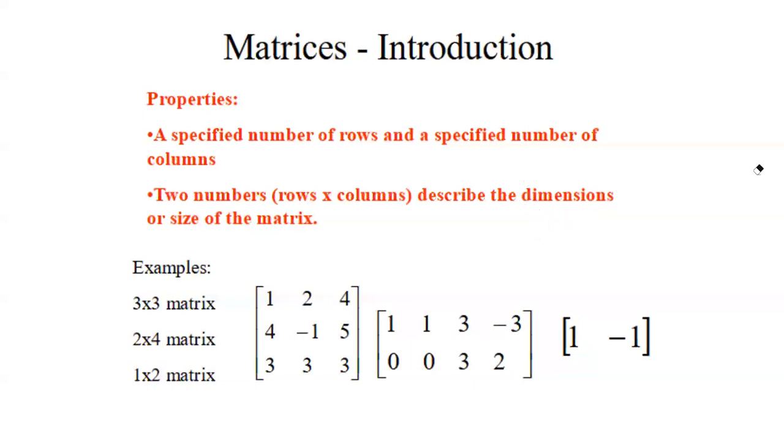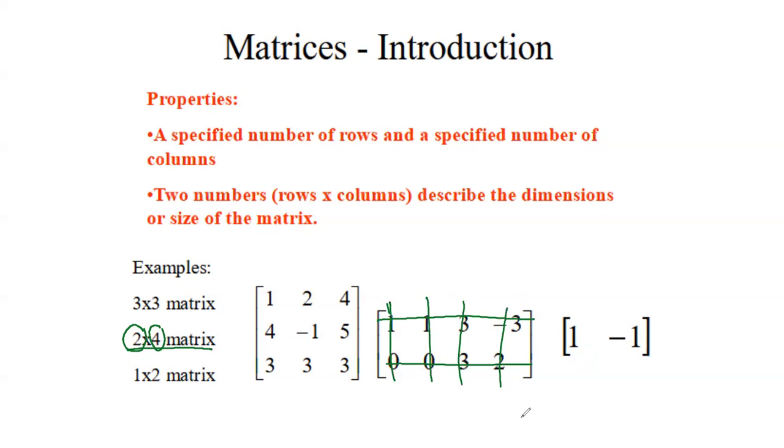And usually when they describe it, as you see here, let me use this one. 2 by 4. What this is telling you is there are 2 rows, right? That's this one here, the top one. 2 rows there. And the last number here, 4: 4 columns. 1, 2, 3, 4. Right?